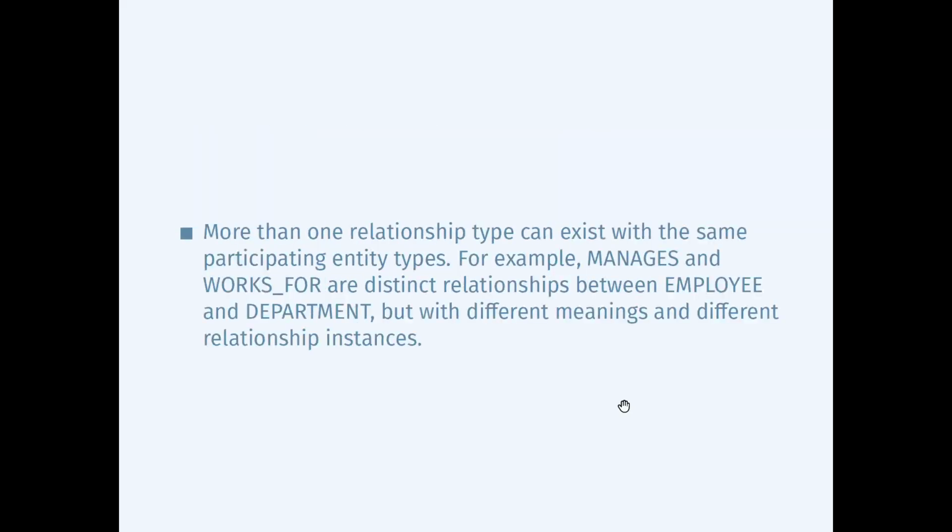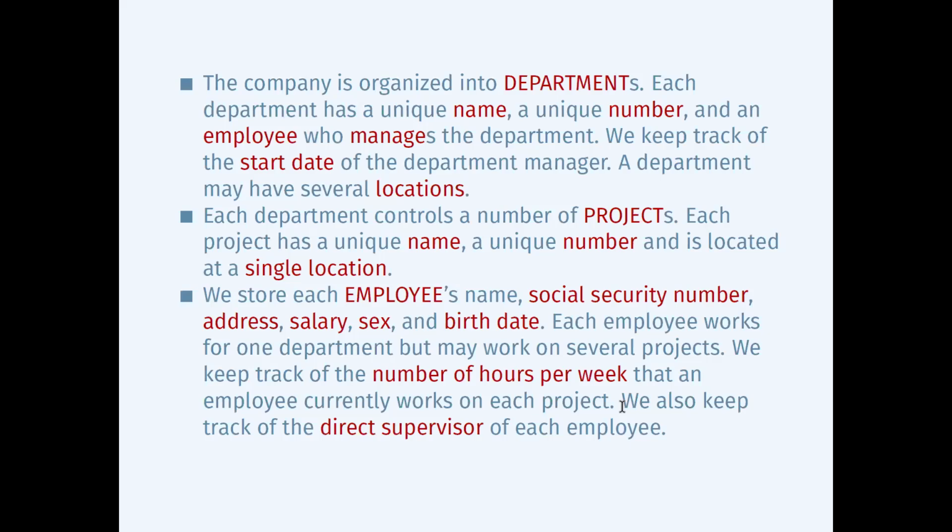So we can discuss one-to-one, one-to-many, or many-to-many. That means the number of entities participating in a relationship. So this is called cardinality ratios. Let's go back and identify the cardinality ratios in our case.